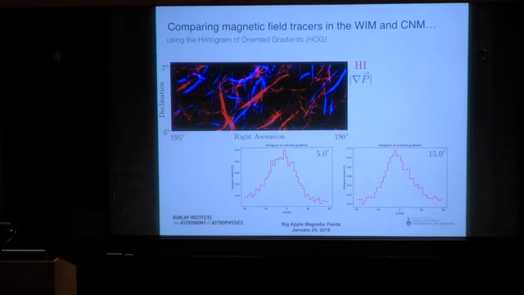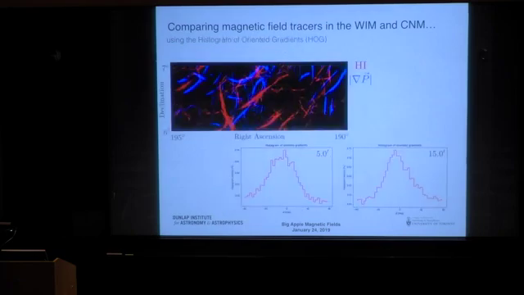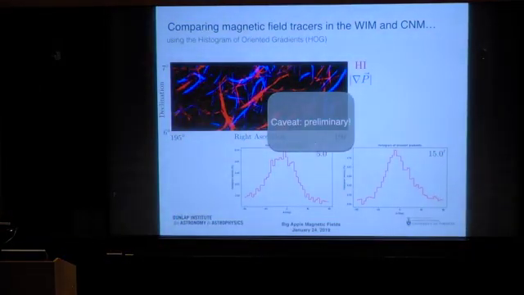I then used the histogram of oriented gradients to compare these structures. The bottom shows two different resolutions from these plots. I picked out two different resolutions and tried to compare their relative orientations to look for similarities. Again, this is very preliminary, but this is kind of what I've been doing. So thank you very much.